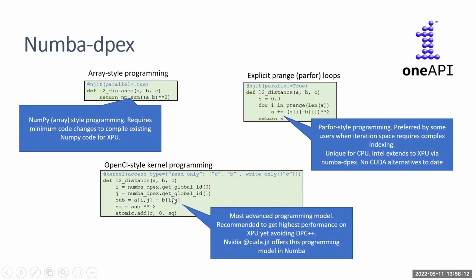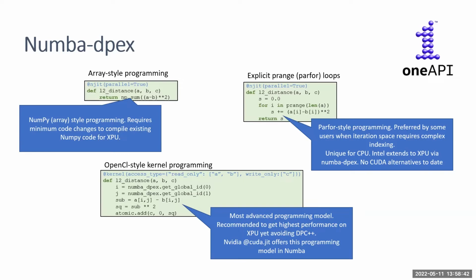And the third approach is GPU programming style, which is called the kernel decorator. This is very similar to Numba's GPU backends, where you use the kernel decorator. It is very similar to SYCL programming in C++, where you use a relatively low-level SYCL kernel, which is directly written in Python, and you offload to your device. If you see, I'm getting the global IDs, which is a SYCL OpenCL programming style.